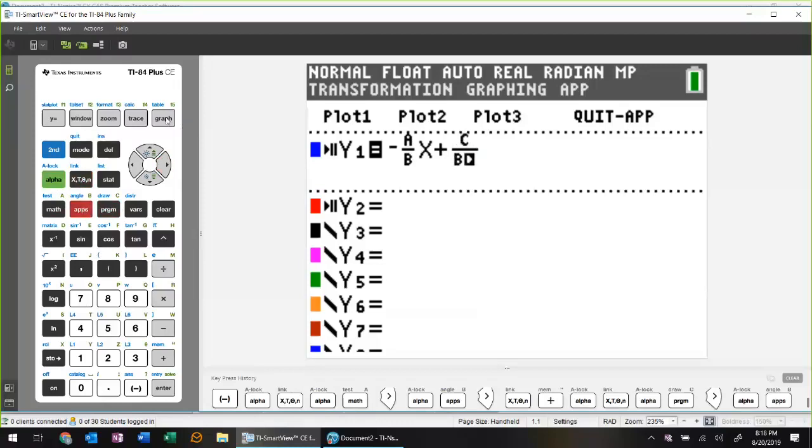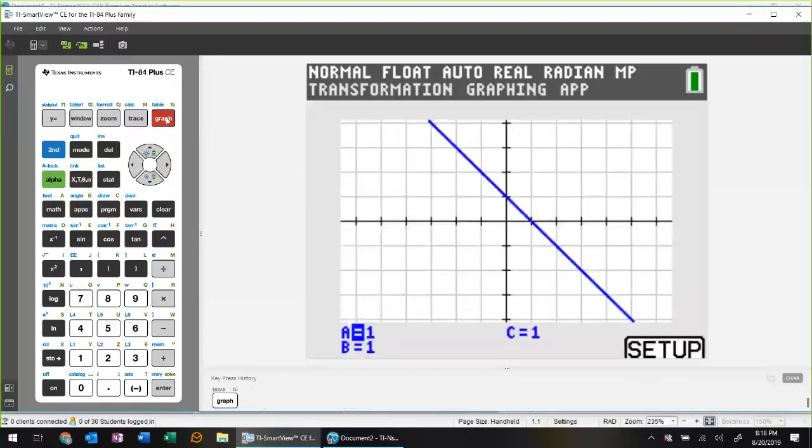And so now when I graph, I have a very similar situation. While I can't see the equation dynamically updated like I could on the Nspire, I can still make changes to the value of A, B, or C as I want. If I press up and down, it moves between the different values that I might want to change.